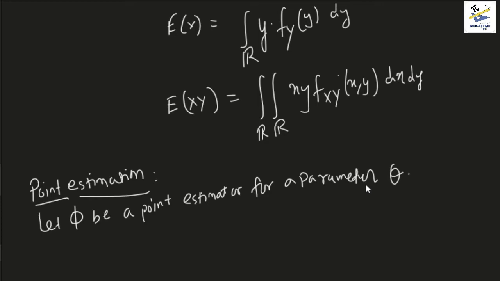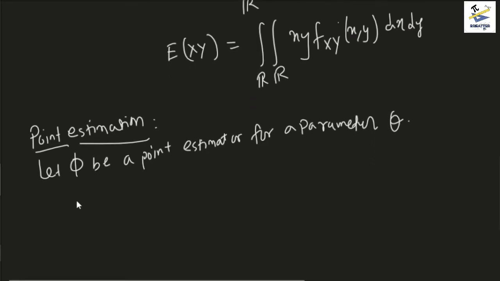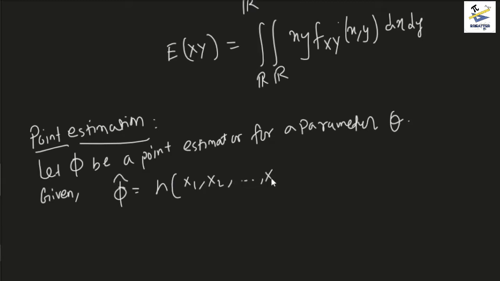Now what we do know is that the bias of an estimator is as follows. So the bias of an estimator is given by the expected value of the estimator minus the parameter.